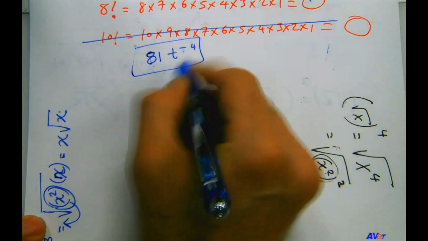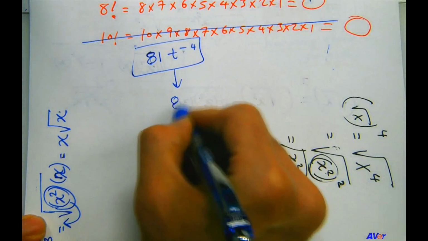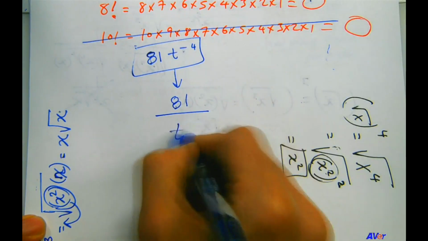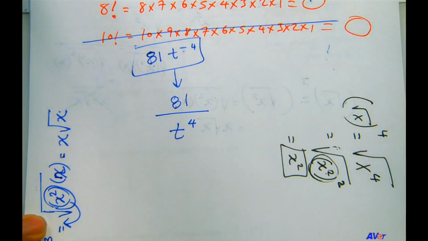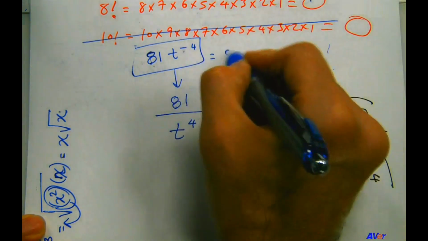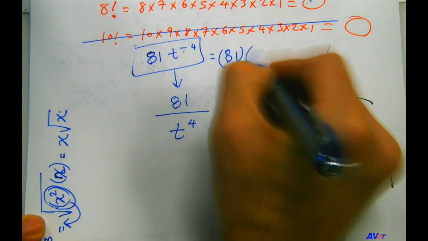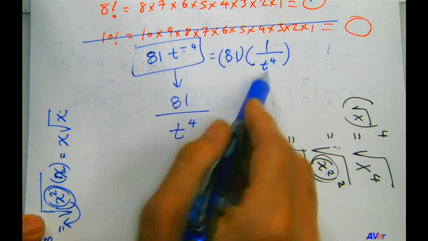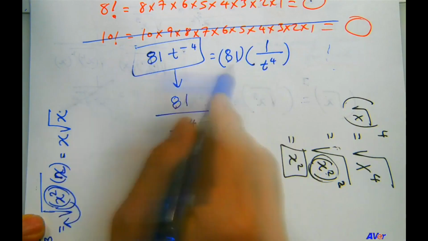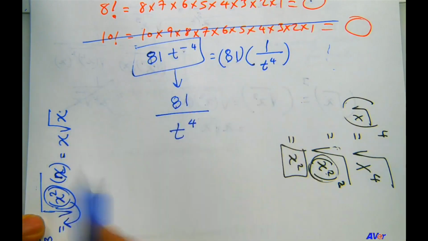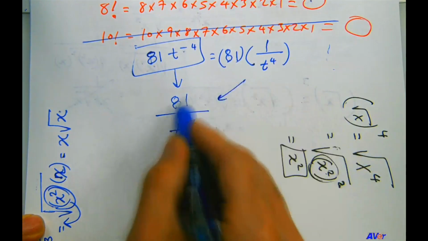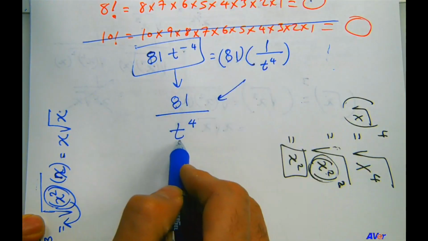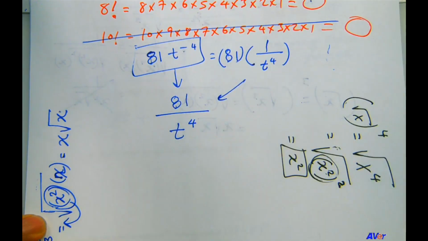So you can rewrite this as 81 divided by t to the 4th, positive 4, right? Because this same thing you could have written as 81 times 1 over t to the positive 4 power. That is the same thing as that. Or 81 divided by t to the 4th power.